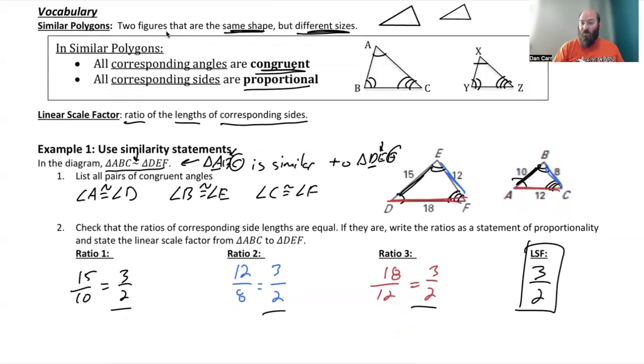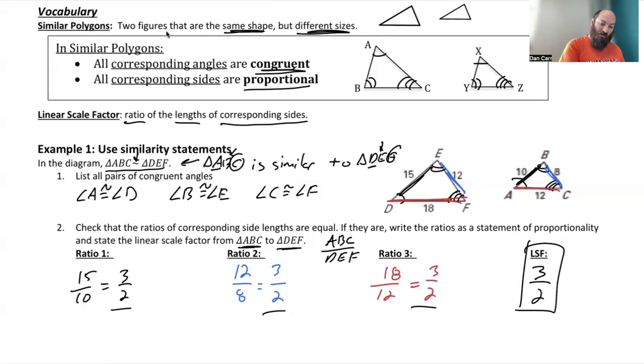If it's not being specific, so this is the ratio of, oh, sorry. You know what? I do have to flip these. My bad. I did make a mistake here because it does say linear scale factor from ABC to DEF. So if I'm looking at from ABC to DEF as a ratio, I'm going to do that as ABC over DEF. So honestly, I need to flip all that.